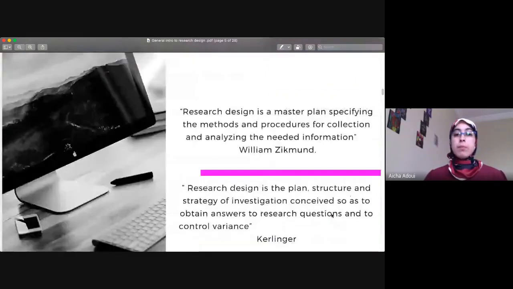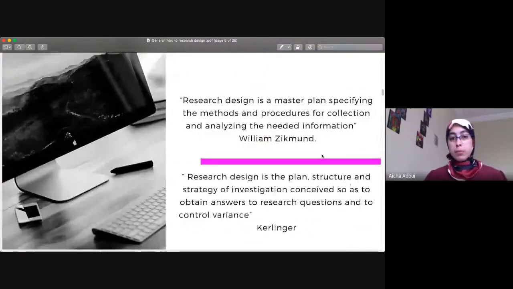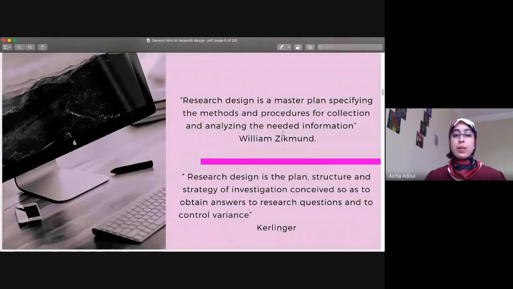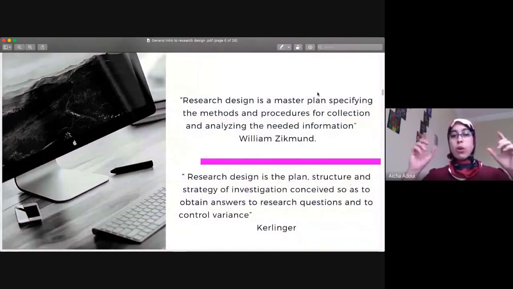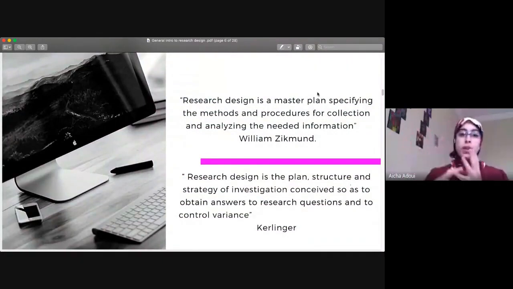Right. Then again, professionals define research design as a master plan. For example, William Zickman defined it as a master plan. Again, you cannot go on about anything in life in general if you do not have a master plan. We have a master plan for our work life, our careers, our personal lives, and research is just the same.